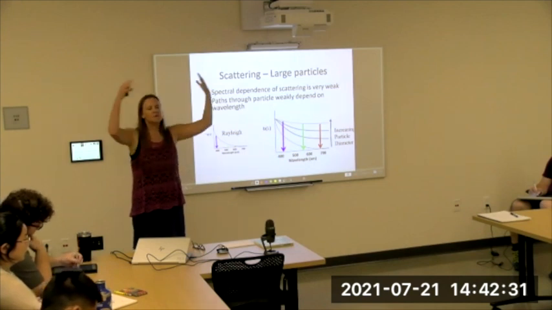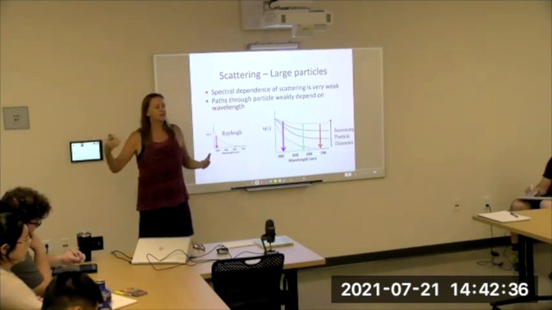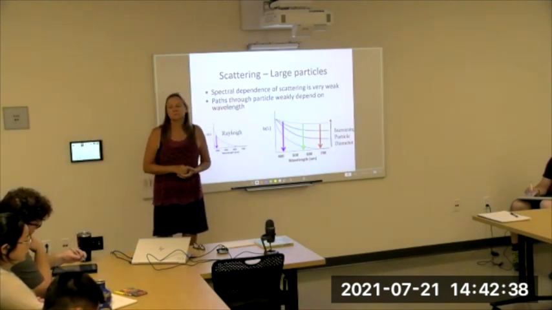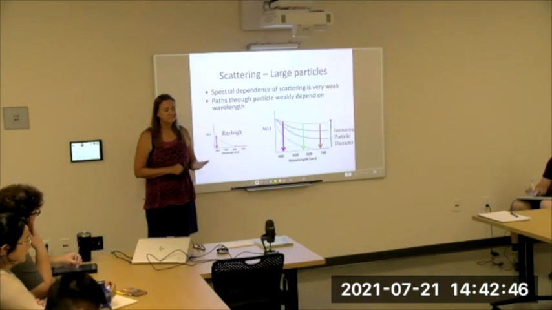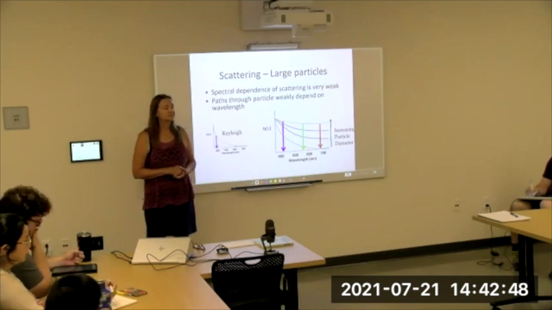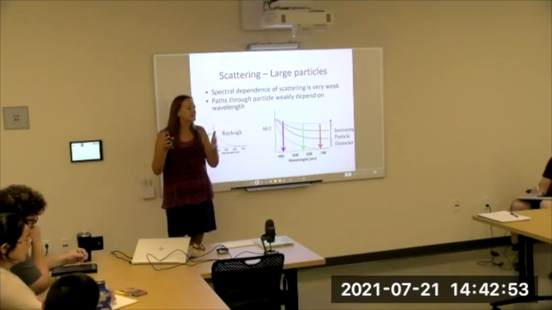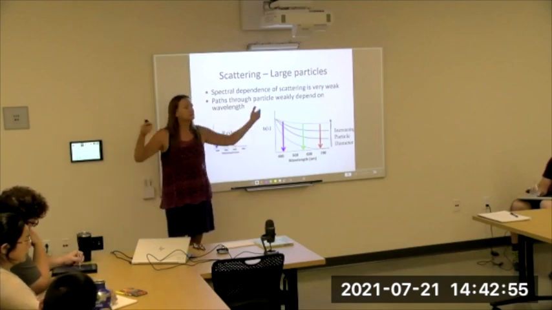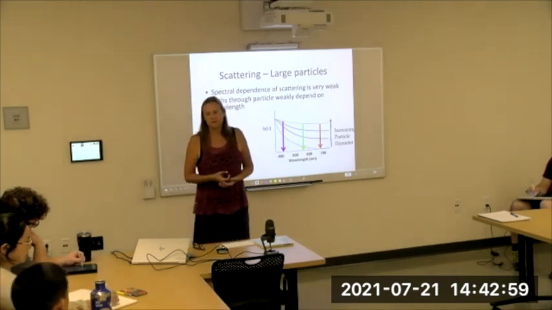If you had particles that were very large relative to the wavelength of light, and you sent blue light through and you sent red light through, they respond to the wave similarly. There are so many wavelengths within the particle's diameter that the differences in wavelength between blue and red are very small.